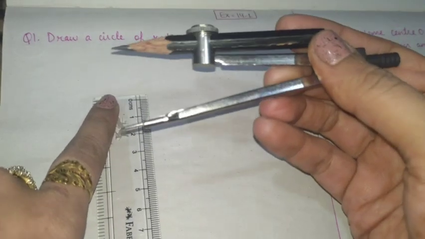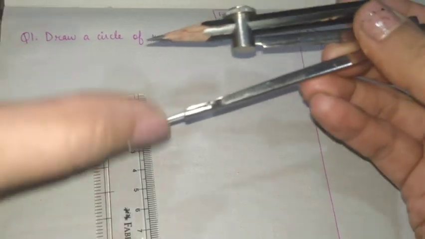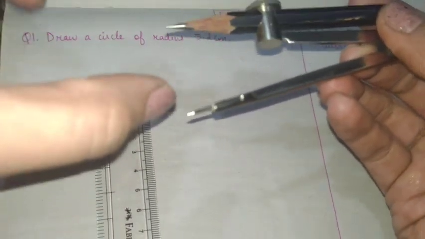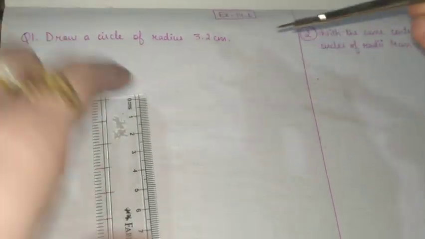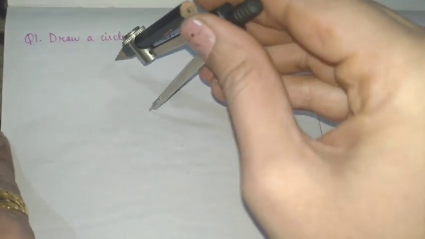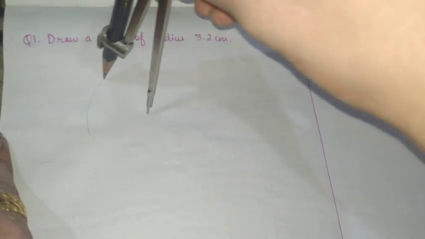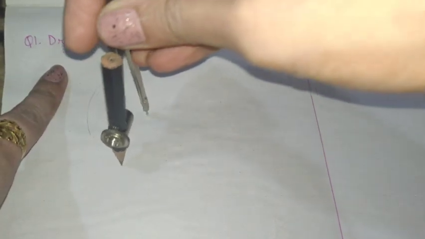So now your compass has been opened with the distance, or you can say with the radius 3.2 centimeters. Now you'll keep your pointer anywhere on the paper and just rotate the pencil like the way you usually draw a circle.